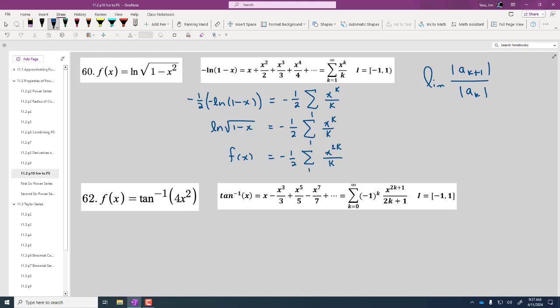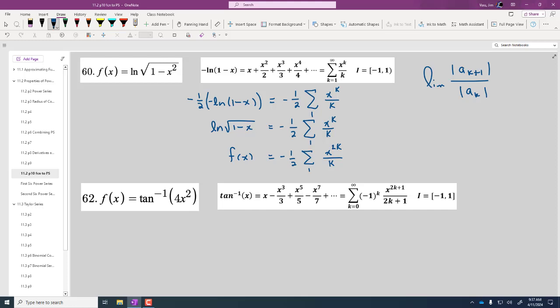If this one is multiplied by a constant and that one is multiplied by the same constant, they cancel, right? So that's a good way to think of it less conceptually and more mechanically. If we multiply a sub k by a half, then we're multiplying a sub k plus 1 by a half, and half over half is 1. So it just disappears. So multiplying by a constant is not going to change the interval.